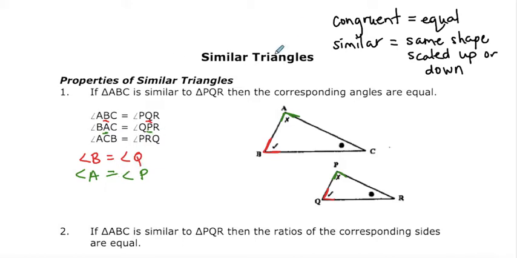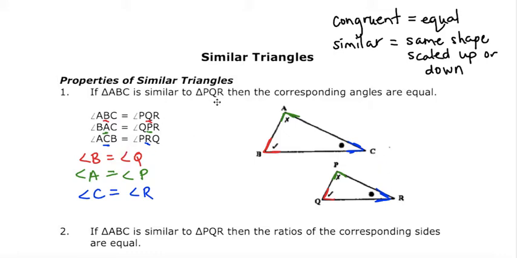And the next one, angle ACB is equal to angle PRQ. Again, we're looking at those two middle ones. So angle C is equal to angle R. And again, we know that's the case because they both have a circle in that triangle.